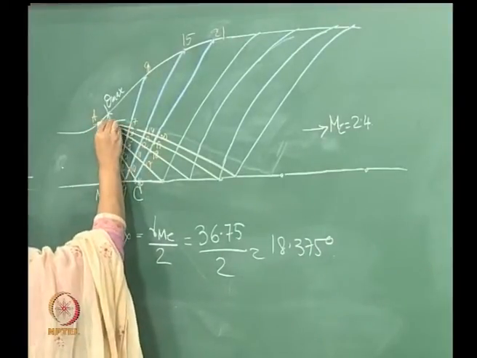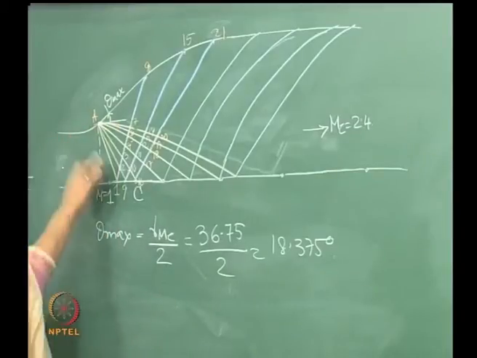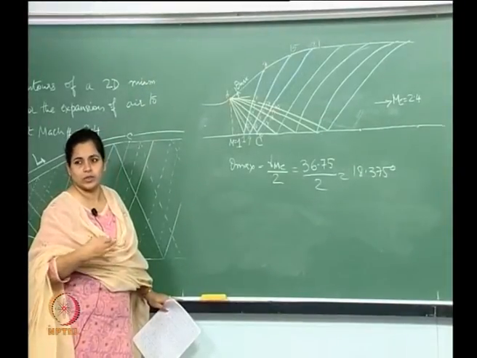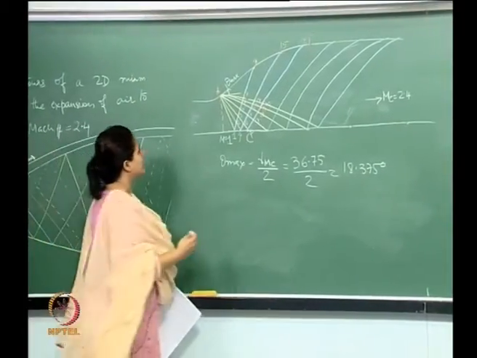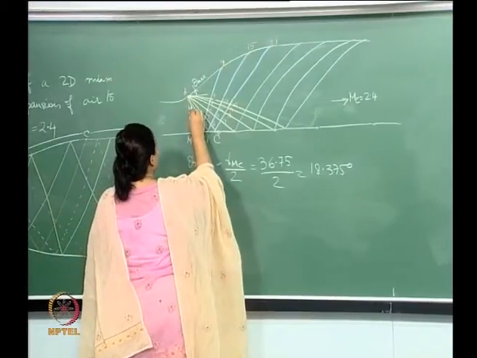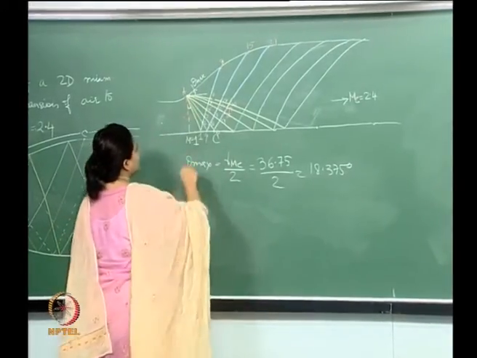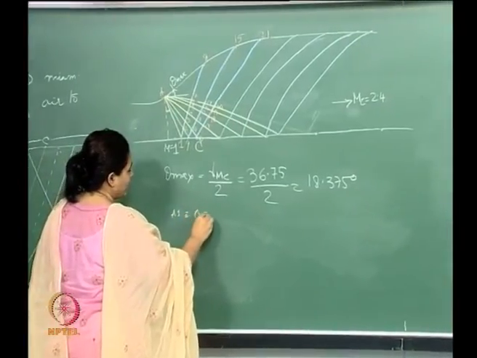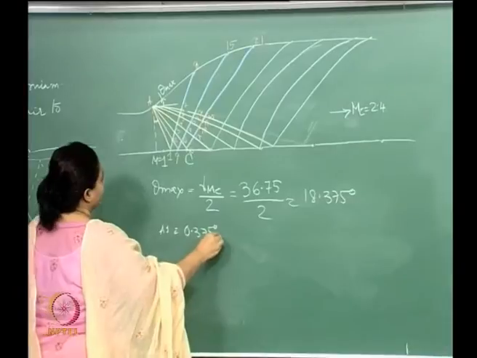This is my theta max, and you can see the way I have inclined these characteristics. This is really up to the user as to how that person does that. Let's say the angle of A1 is 0.375 degrees.